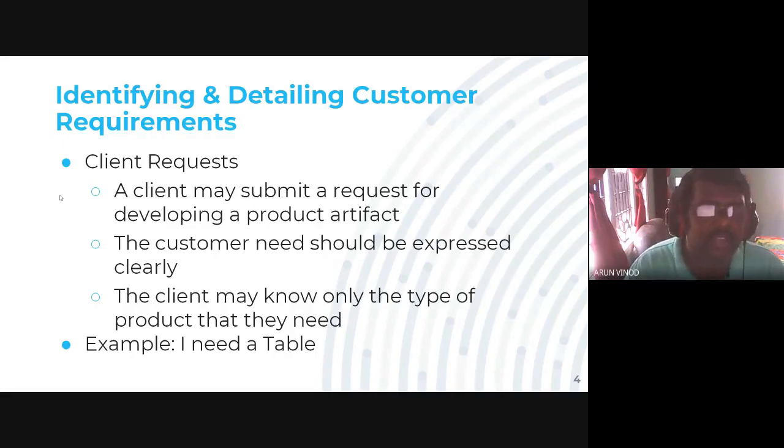When you are communicating with the client, he will come with only minimal details, like I need a table. So you have to put many questions, and based on the questions, you can get the details. So the first thing is identifying the requirements based on client request.